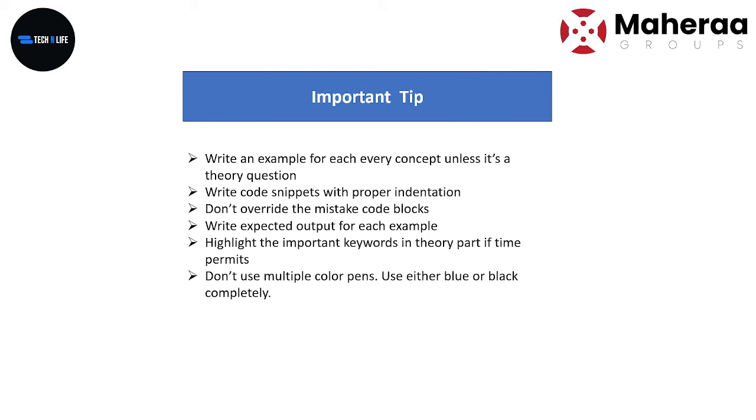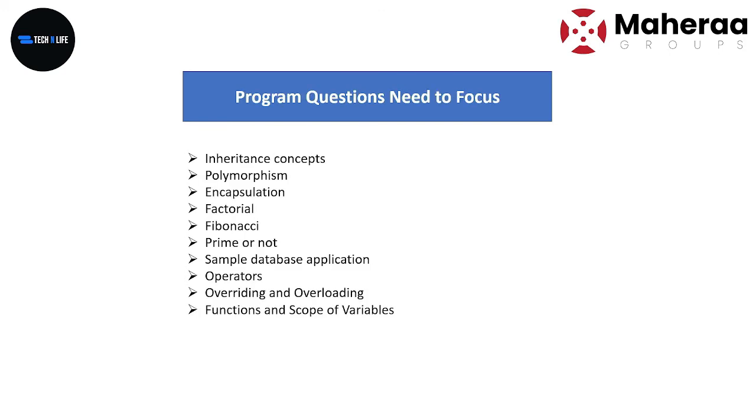Actually, you will not get sufficient time to use both and decorate. So it's better to use either a blue pen or a black pen. Don't use any other color pens, red, green, violet. Don't use glitter pens.